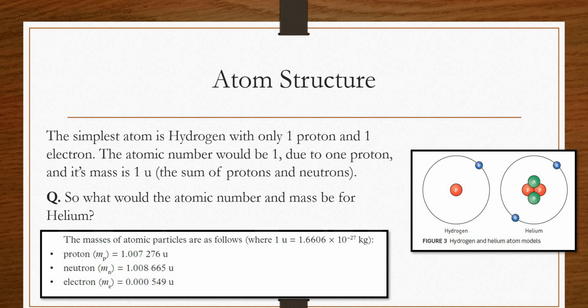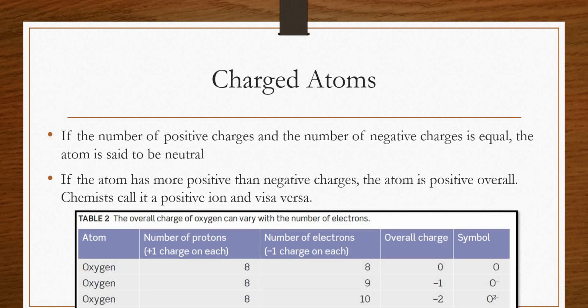We say protons and neutrons are the same mass. They're actually slightly different. So we've got the mass of protons here and the mass of neutrons here. You can see they're very slightly different. And then your electrons are way, way lighter than both. Cool.